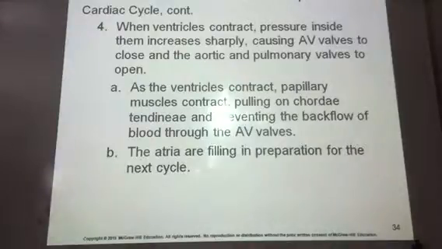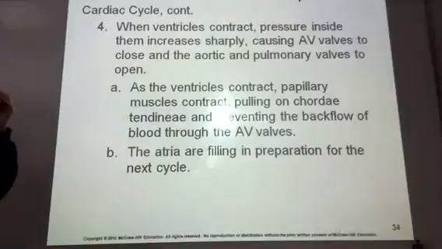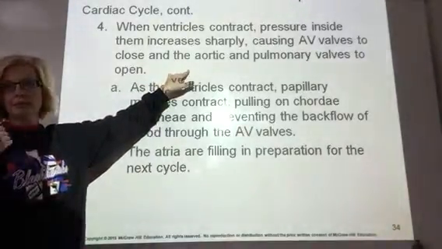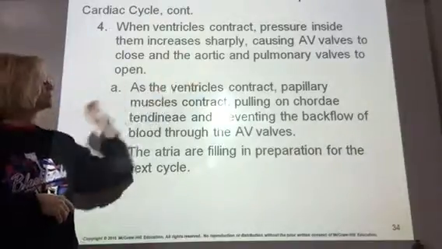When the ventricles contract, pressure inside them is going to be higher than the atrium. That causes the AV valves, the ones that were open, now to close. So now my bicuspid and tricuspid are closed, and then my aortic and pulmonary valves are going to open because that's where the blood leaves the ventricles.